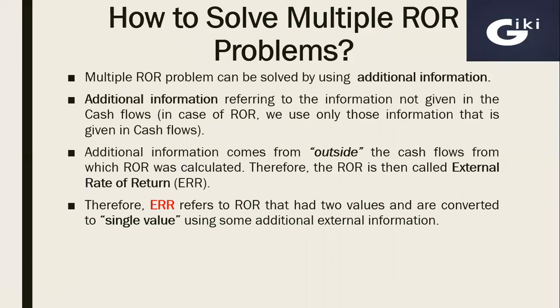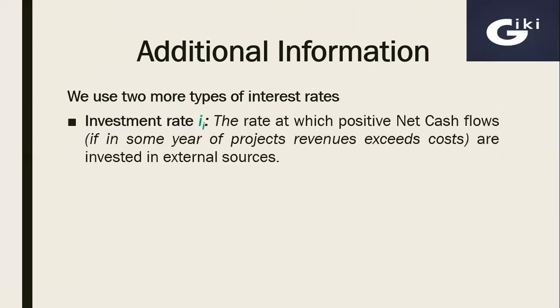Therefore, the ERR refers to the ROR that had two values and is converted to a single value using some additional external information. And what is this additional information? This can be two types of interest rates. Investment rate, which is represented by i_i, is the rate at which positive net cash flows, if in some year of the project revenue exceeds costs, are invested in external sources.